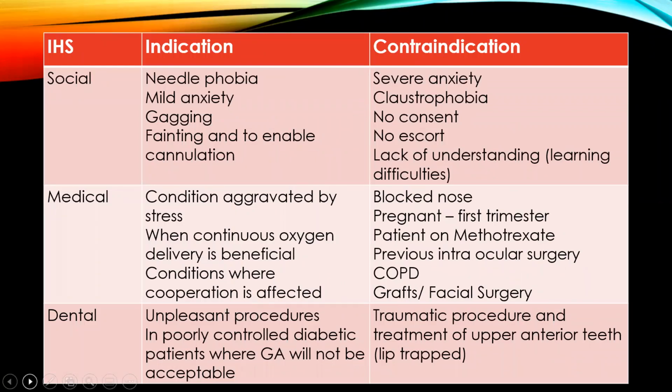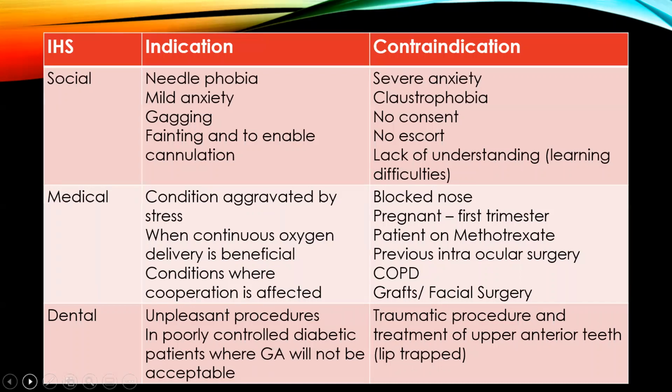In this table, I have summarized the indications and contraindications of inhalation sedation. Examples of indications include needle phobia, mild anxiety, or conditions aggravated by stress. Discussing the medical contraindications in depth, patients having blocked nose means they cannot nose breathe.